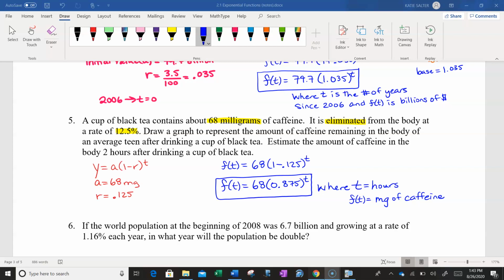So if you use your formula, your A is 68, your R is 0.125, pop it into the decay formula, which is 1 minus R. Remember, if it's decaying or decreasing, it's 1 minus R. If it's growing or increasing, it's 1 plus R. Or another way to think about it, which is kind of what I do, if you're losing 12.5%, you're keeping 87.5%. So therefore, the multiplier is 0.875. You just change that percent to a decimal, and then you don't even really have to use that formula. And then there's our function.